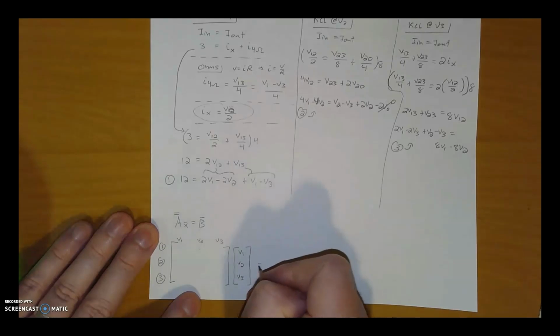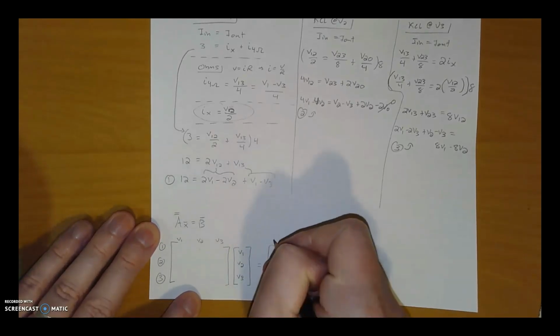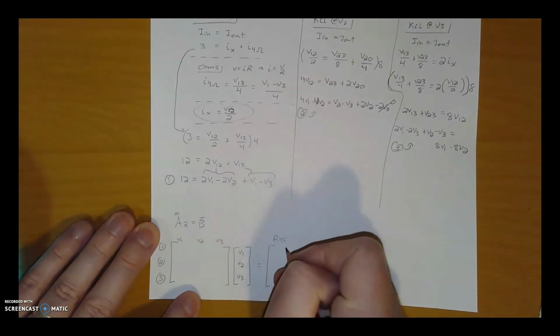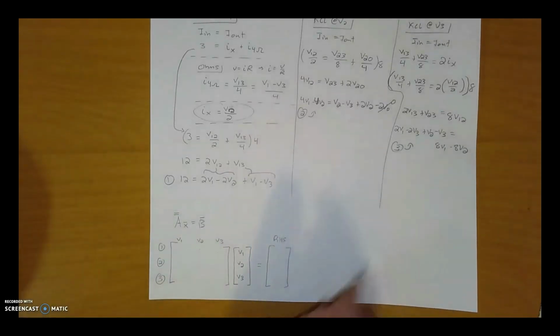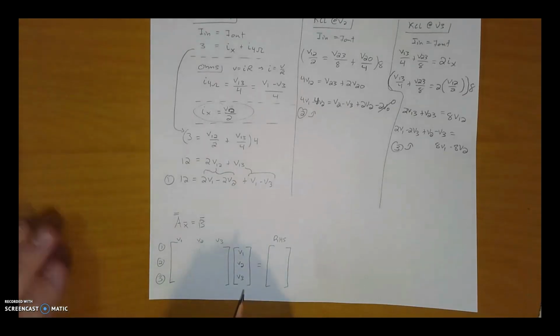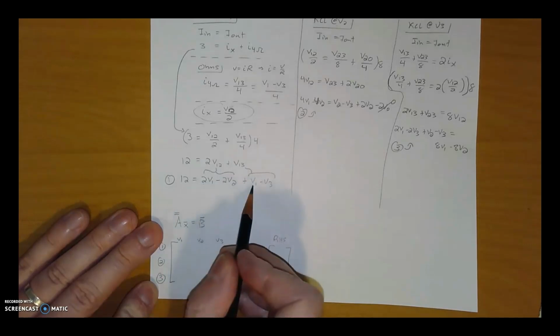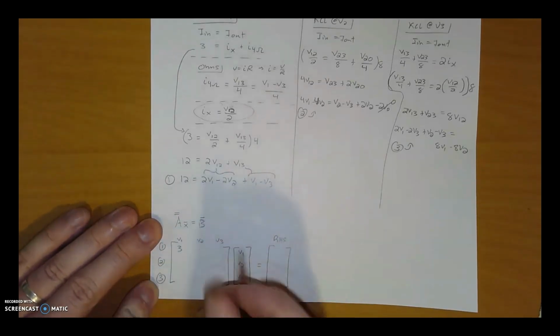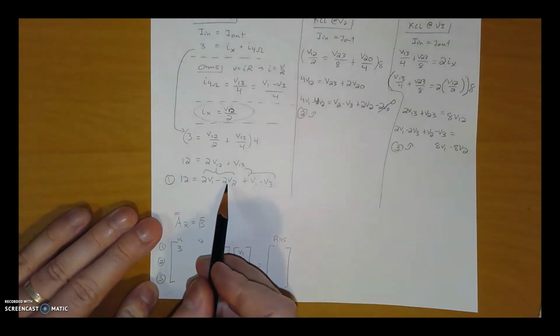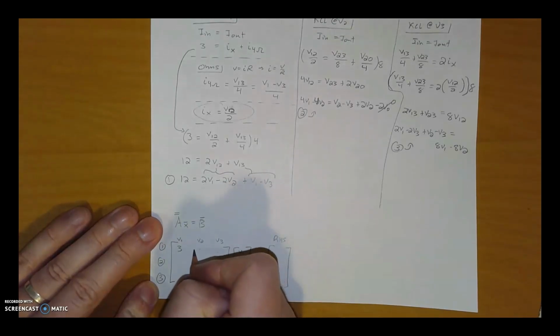And on the right-hand side, this is our constants, if we have them. So we'll go back here to equation 1 and plug in what we have. So for V1, I have 3 of them. For V2, I have -2 of them.